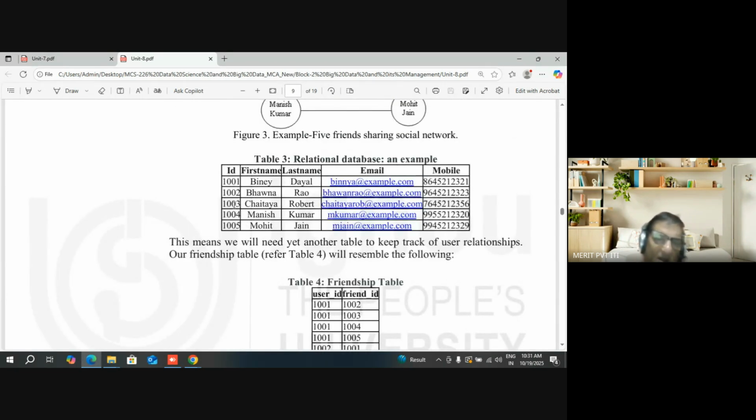But you can check 101 is friend of 2, 3, 4, 5. 2 is friend of 1, 3, 4, 5. You could do it as a separate thing also, but it is a friendship table, because it is column wise and NoSQL works column wise, so it will have to be done like this.